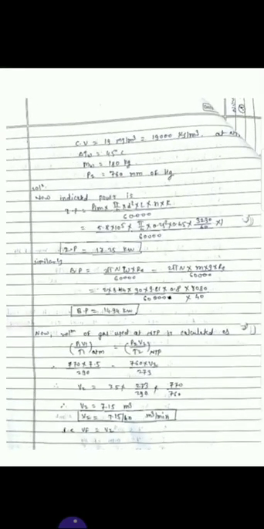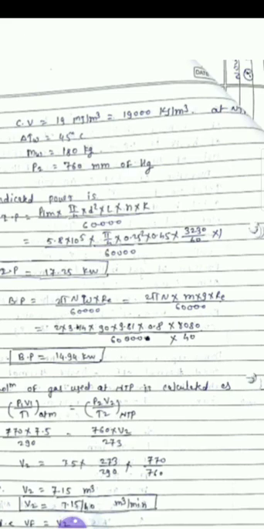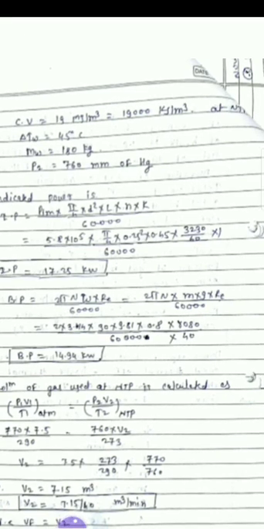Now next, calorific value of the gas is 19 megajoule per meter cube at NTP. Here NTP is specially mentioned, normal temperature and pressure. So we have to consider the calorific value at NTP, which will be 19 megajoule per meter cube. We have to convert this megajoule into kilojoule per meter cube, which will be 19 into 10 raised to 3 kilojoule per meter cube. So the calorific value 19 megajoule per meter cube equals 19,000 kilojoule per meter cube at NTP.